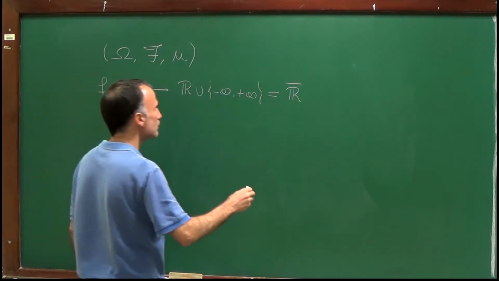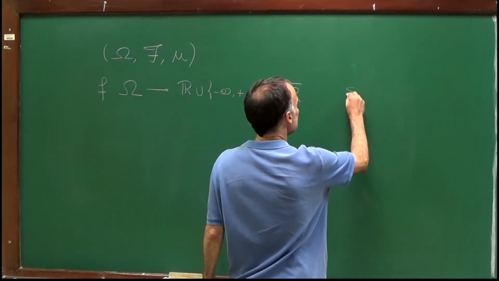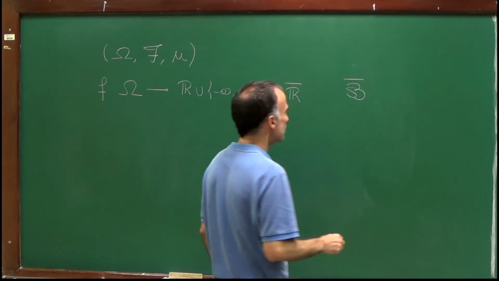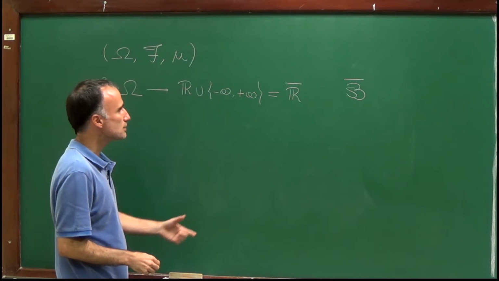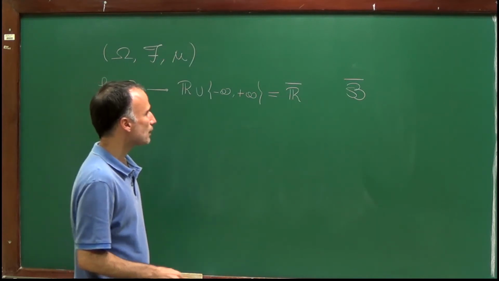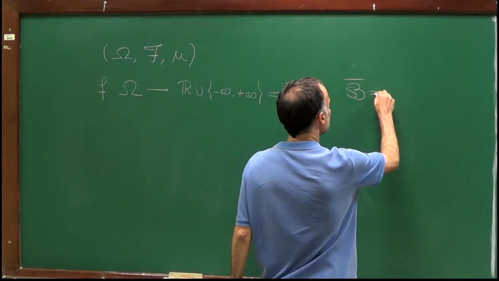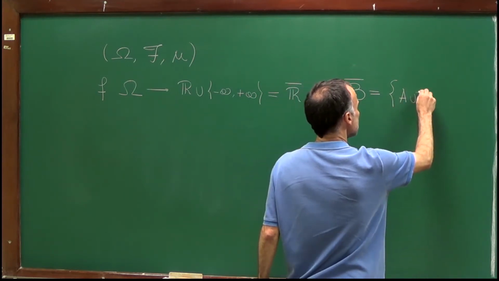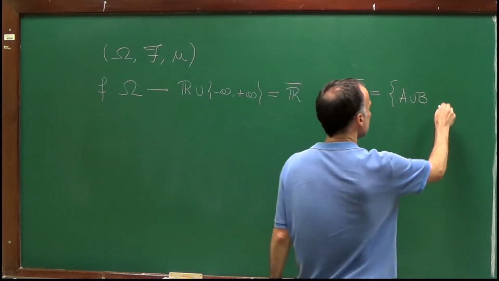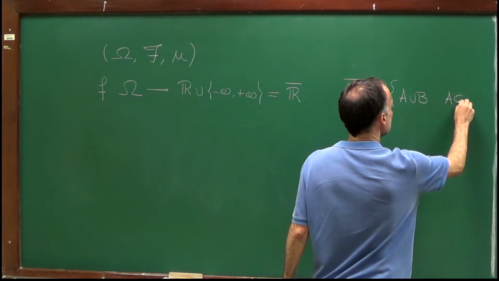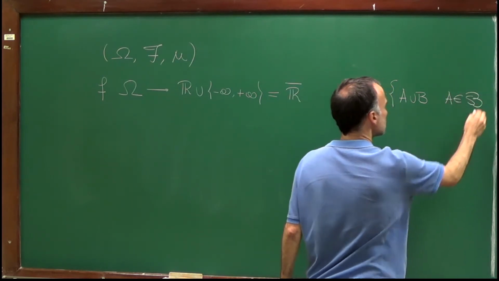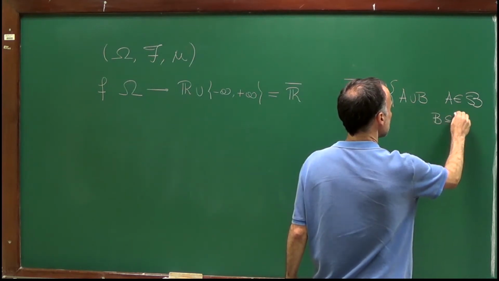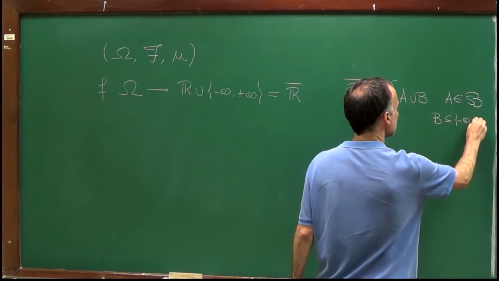So I will represent by B bar all sets which can be written as A union B, where A is an element of the Borel sigma algebra, and B is a subset of {minus infinity, plus infinity}.